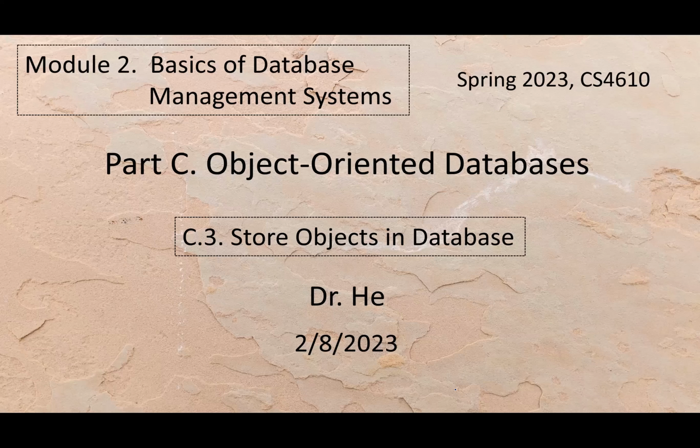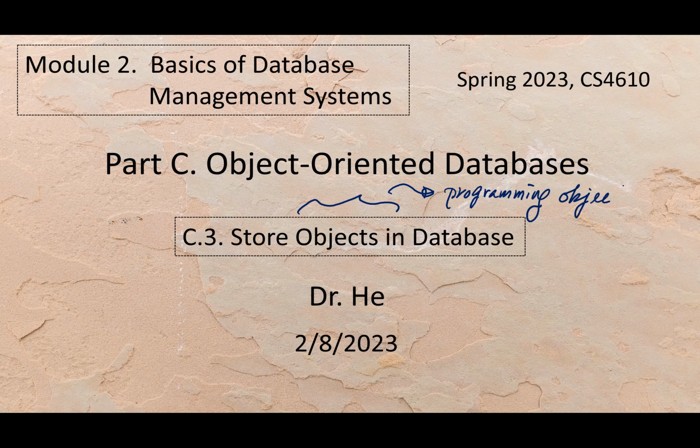Now, the key topic for this part C: store objects in database. And remember this word object has two different meanings based on the context. The object here means programming objects, not ordinary objects.